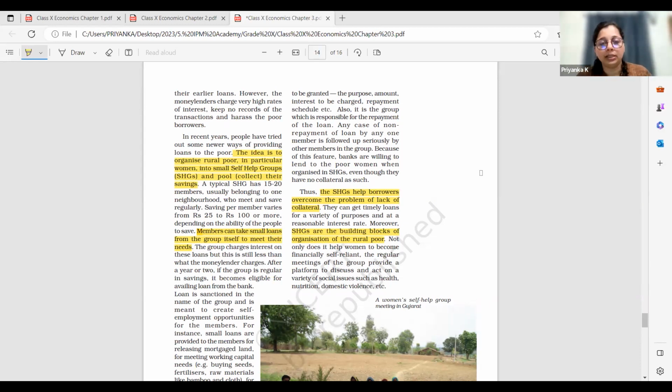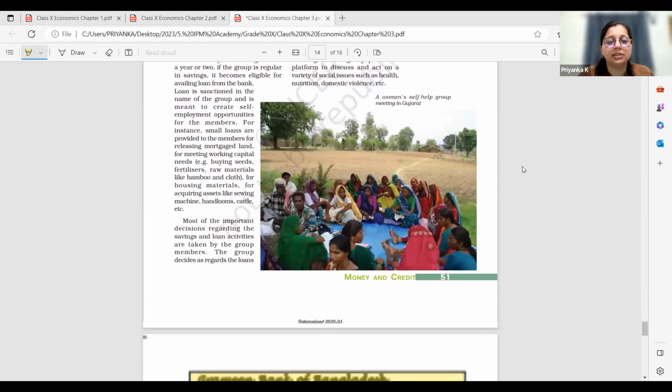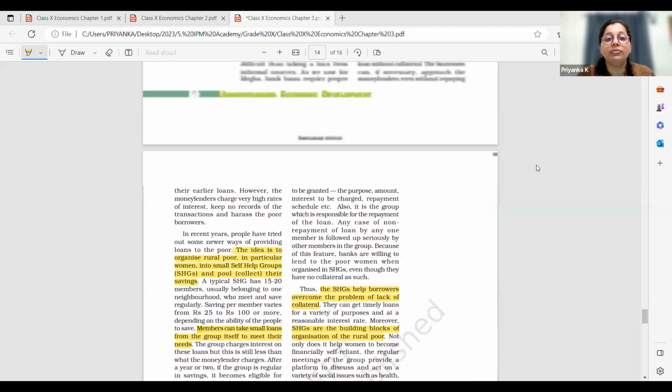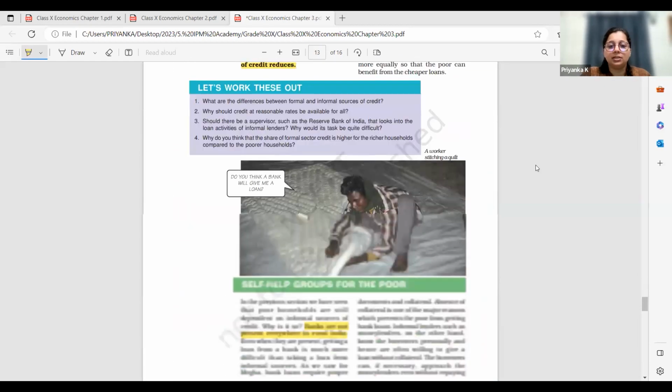Of course, SHGs are there in urban India, but the majority of SHGs are in rural India. That is again because poor and small income families or farmers are mostly found in the rural sectors of our country. So people who have no collaterals or who do not have the terms of credit can avail facilities from SHGs.